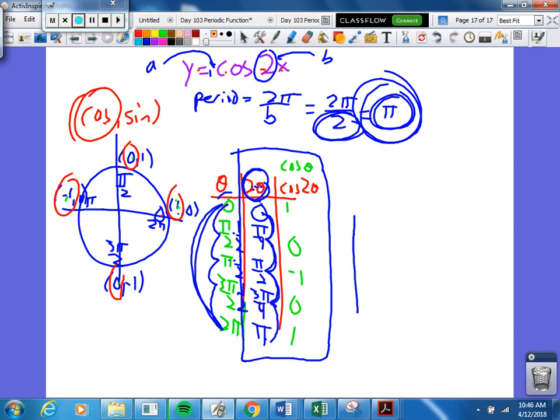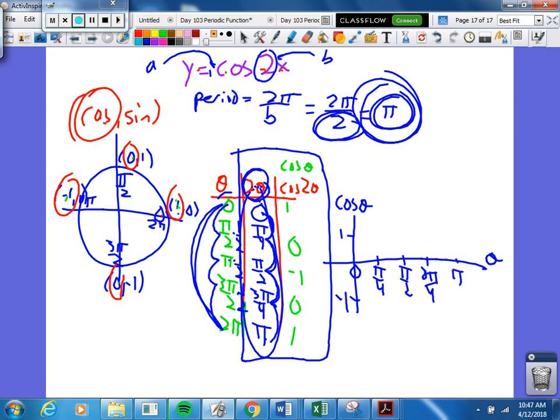Time to graph. So we have cosine theta and theta, and we have 1 and -1. Amplitude don't change. Now we got 0, pi over 4, pi over 2, 3 pi over 4, and pi. Just copying it down from here. Bam. Okay.